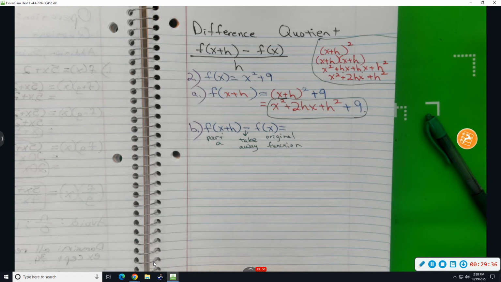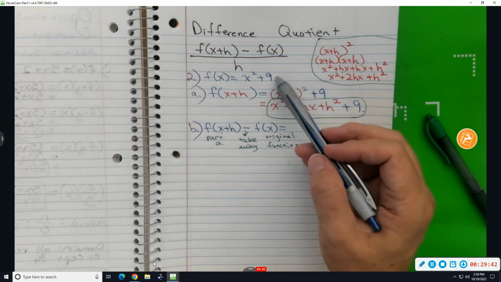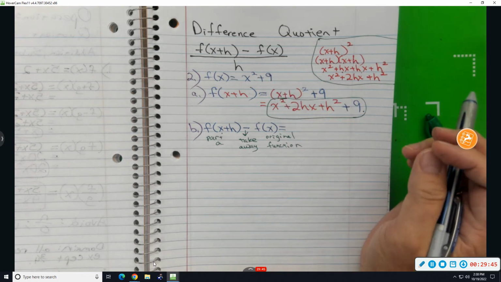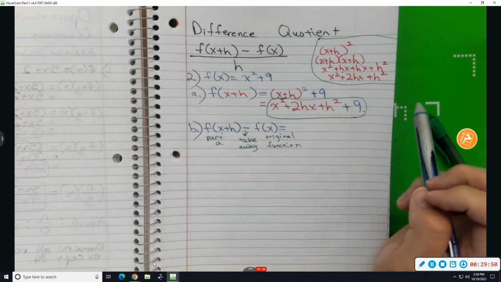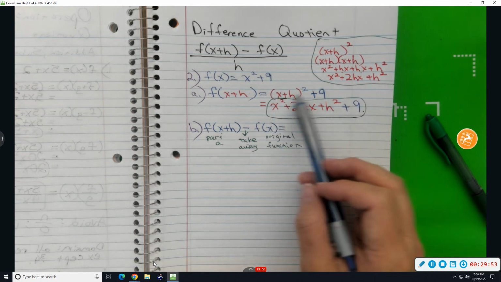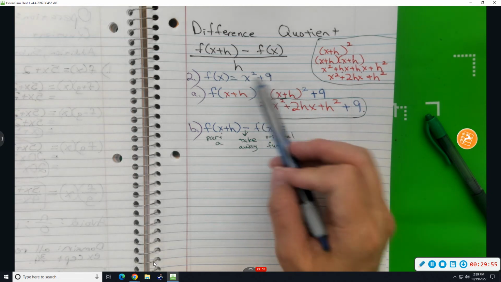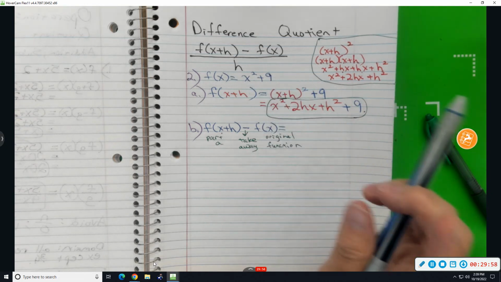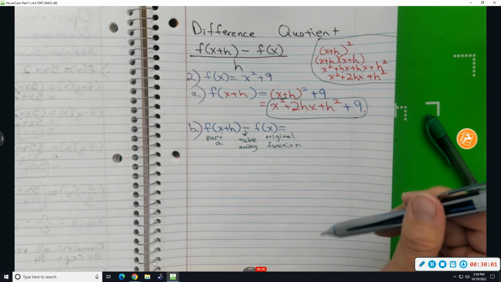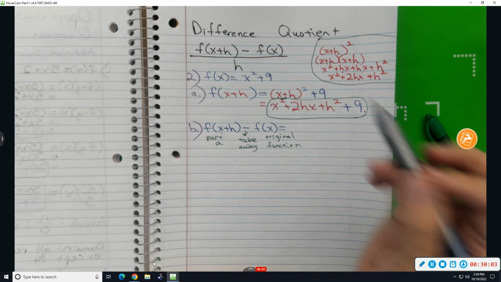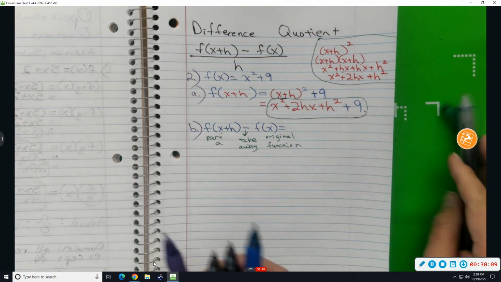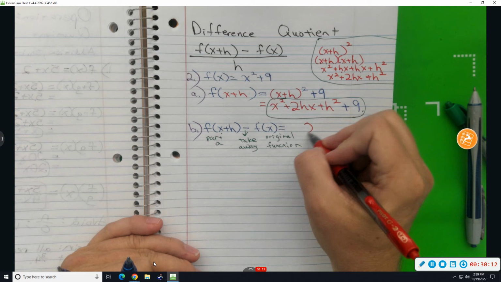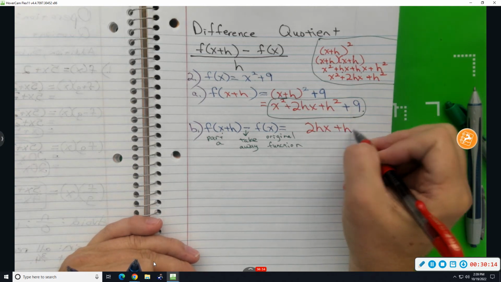What else is going to be dropped off? No, because there's not an h squared in the original problem. The 9. 9 minus 9. The 9s are gone. You're taking the answer in part A and dropping the terms that are in the original function. And here's something you may want to remember. If you do this correctly, the only thing that's left must contain the letter h. We have left a 2hx plus an h squared.